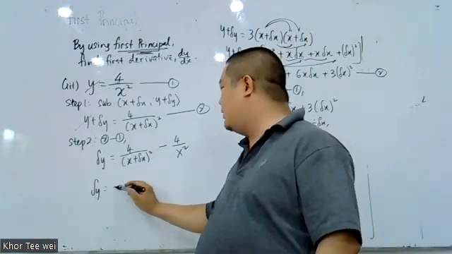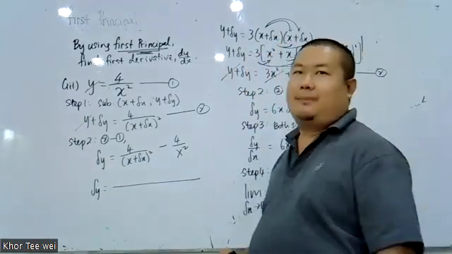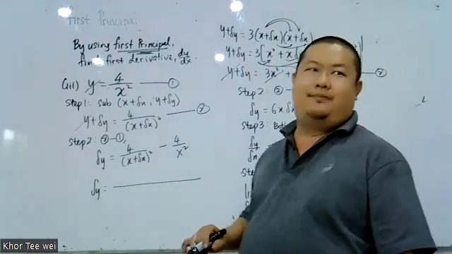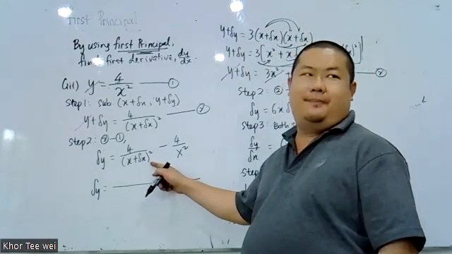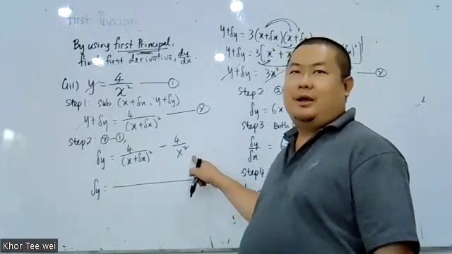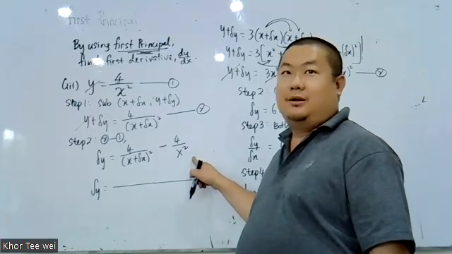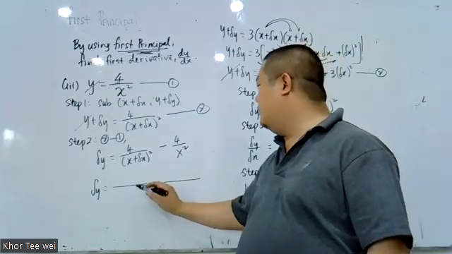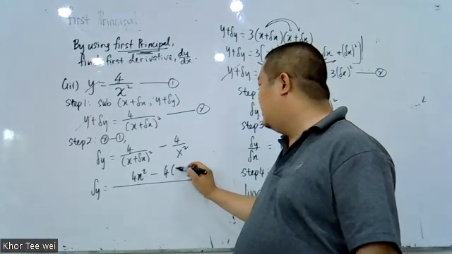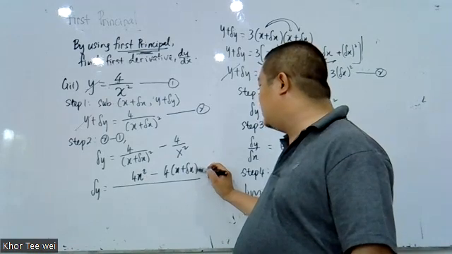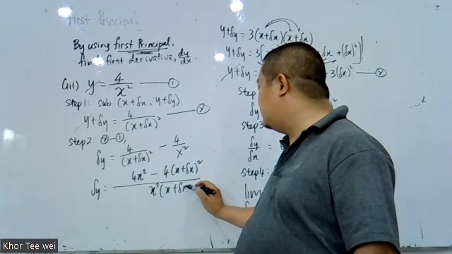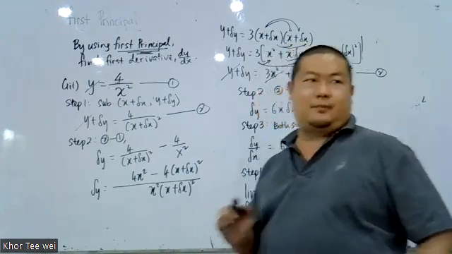How do you make the denominator the same? You need to multiply by x squared, and this one you multiply by (x plus delta x) squared, cross-multiplying. So you get 4x squared minus 4 times (x plus delta x) squared, over x squared times (x plus delta x) squared.